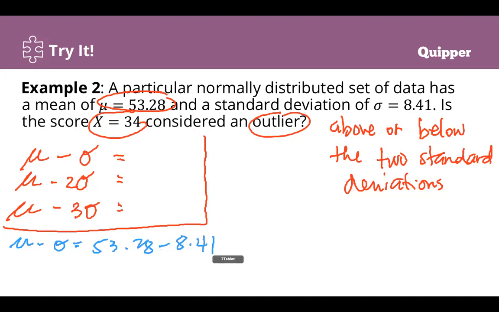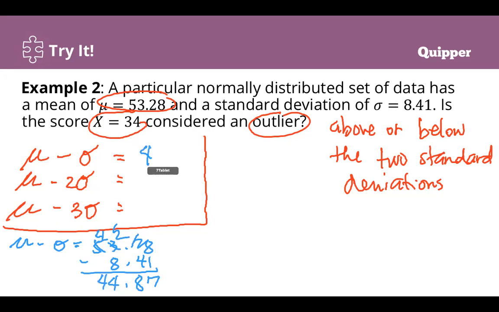So, paano sila magpa-minus? Yan. So we have 44.87. That's the first one.